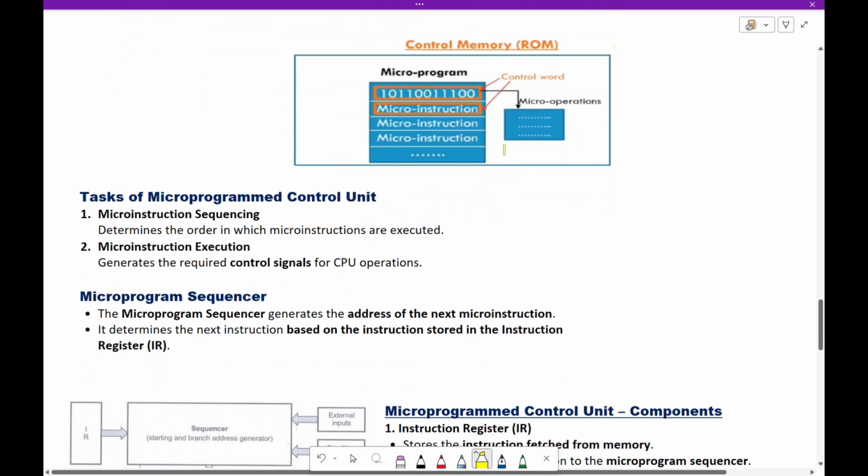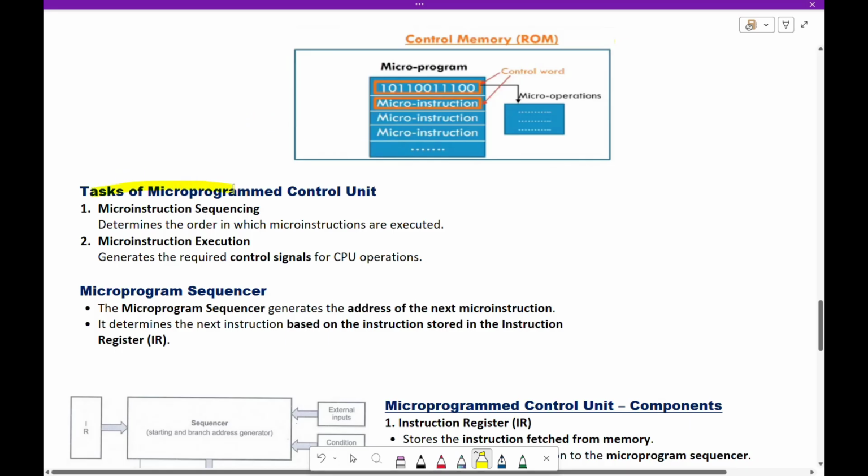The tasks of the microprogrammed control unit are microinstruction sequencing, which determines the order in which microinstructions are executed in the control memory, and microinstruction execution, which generates the required control signals for the CPU operations executed inside the CPU.